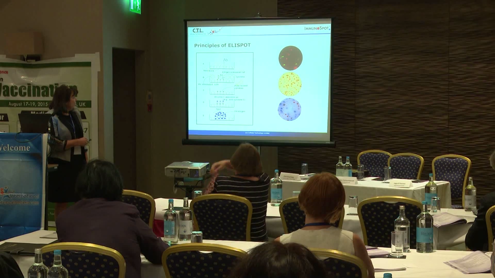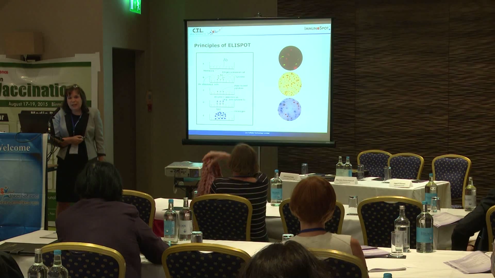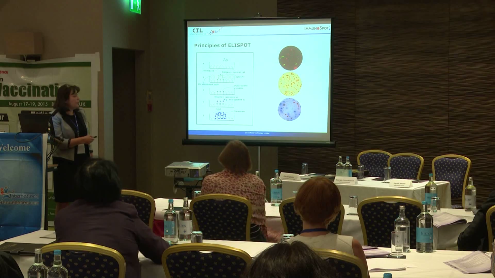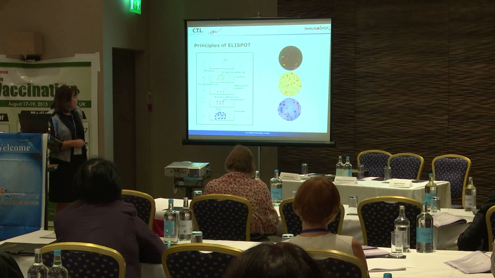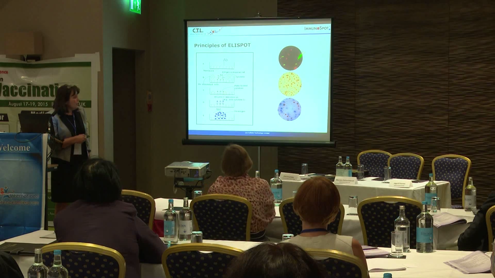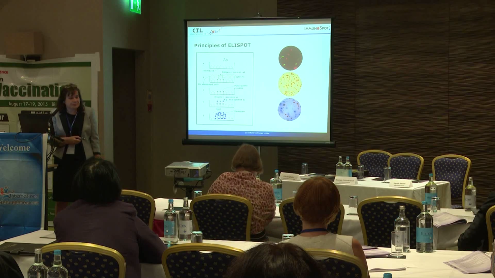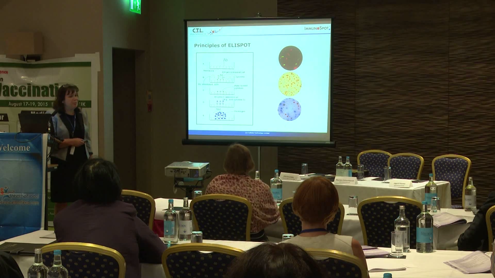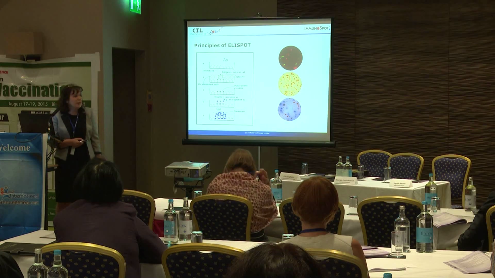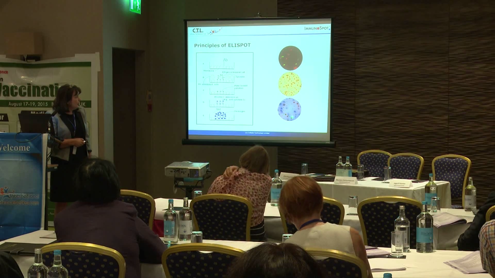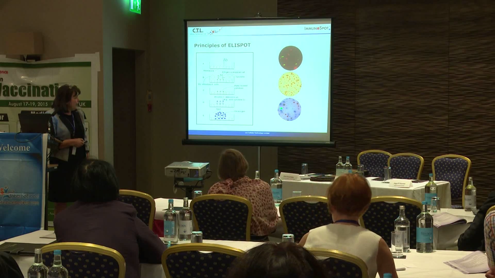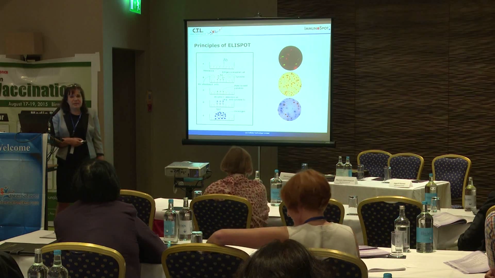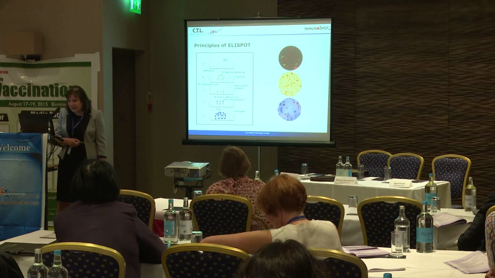Then you wash away the cells. In ELISpot assays here, you do not need to wash the cells away. And then you actually visualize that, and then this is how that looks like. I don't know, the visual appearance depends on which substrate you use. Every dot represents one cell's product, and the size of the dot represents the amount produced per cell.